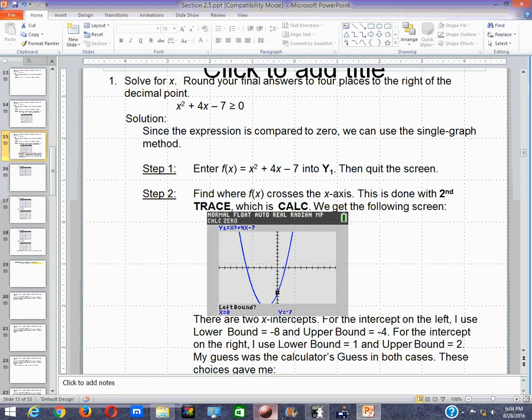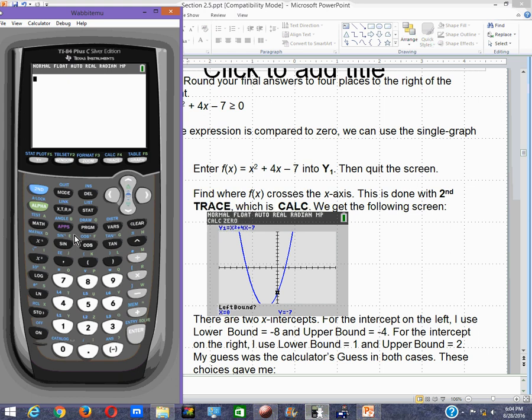So if we actually do this, second calc, I'm doing the zero. For the left bound, again, let me try this one over here. I said I was going to use -8 and -4. So let me enter in -8.